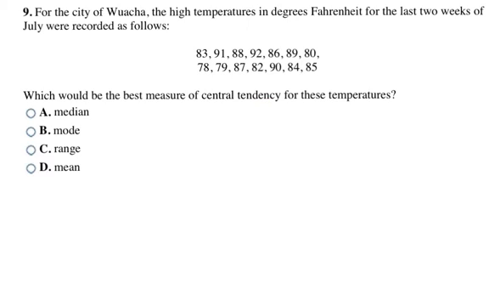So mean or median, I'm going to look to see, are there any outliers? Are there any numbers that look like they don't belong? Well, for the most part, you have high 70s, 80s, lower 90s. They're all pretty close together. There's none that blatantly don't belong. So that means there aren't any outliers. So my best one to use is the mean, which is choice D.